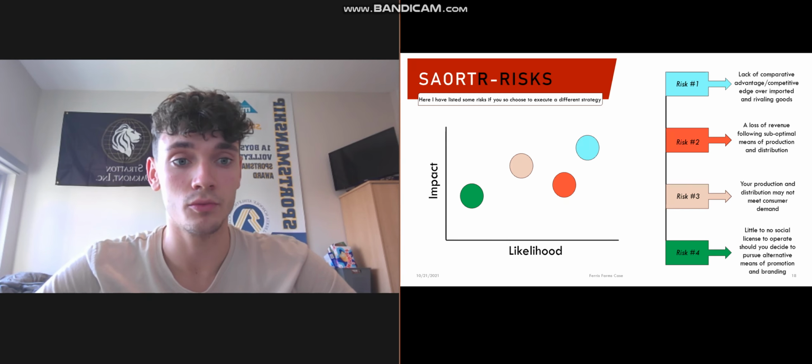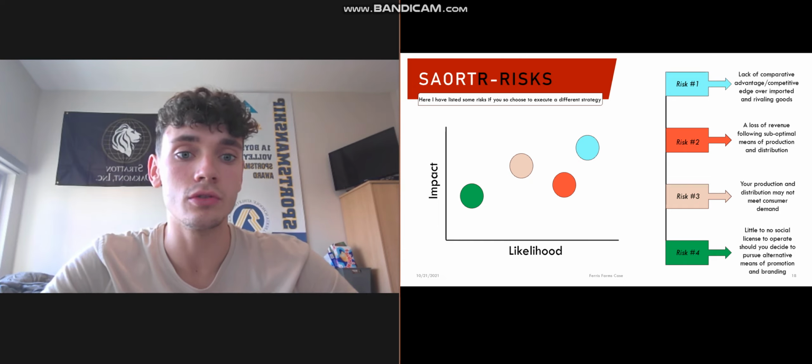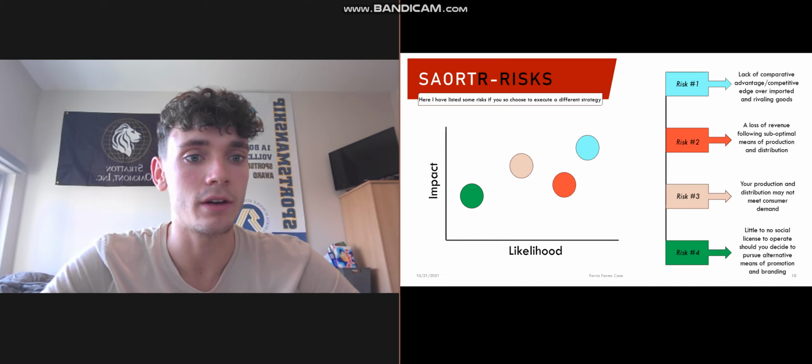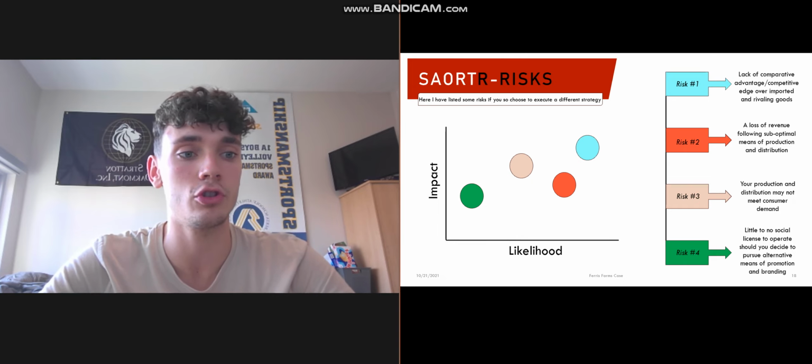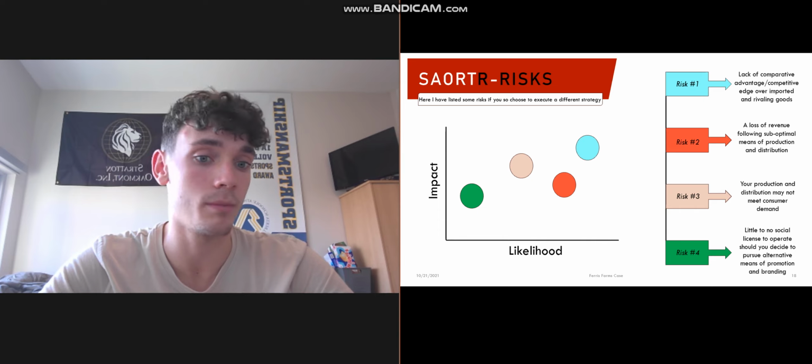Moving on to risks, I have provided if you so choose to execute a different strategy. Risk 1 being lack of comparative advantage or competitive edge over imported and rivaling goods. Risk number 2 being a loss of revenue following suboptimal means of production and distribution. Risk number 3 being your production and distribution may not meet consumer demand.